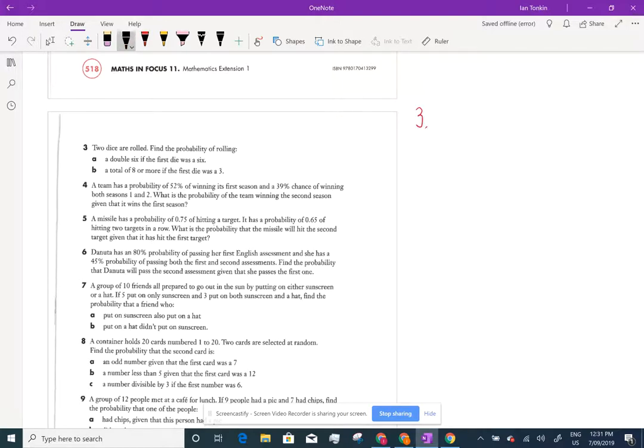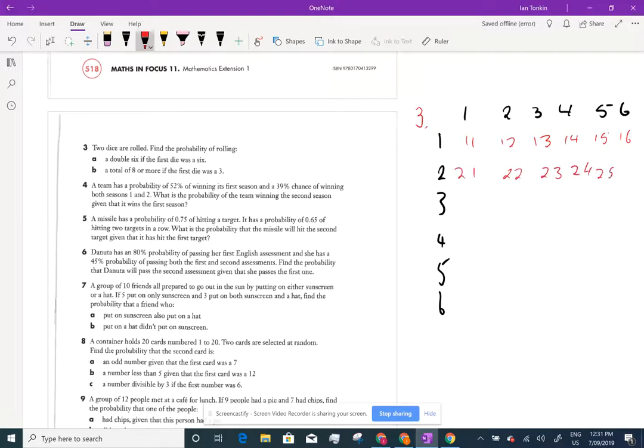Well, this is again an obvious one. 2 dice are rolled. I can quickly draw it up. 1, 2, 3, 4, 5, 6. 1, 1, 1, 2, 1, 3, 1, 4, 1, 5, 1, 6. 2, 1, 2, 2, 2, 3, 2, 4, 2, 5, 2, 6. 3, 1, 3, 2, 3, 3, 3, 4, 3, 5, 3, 6.